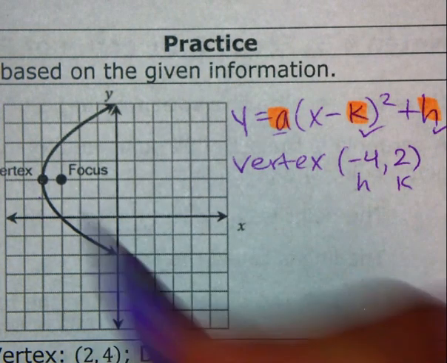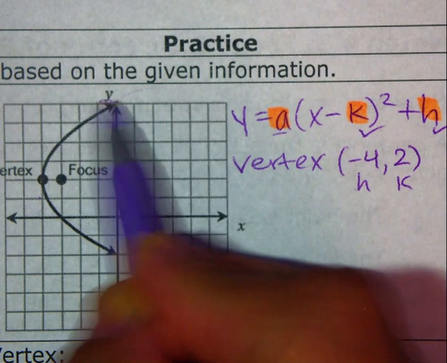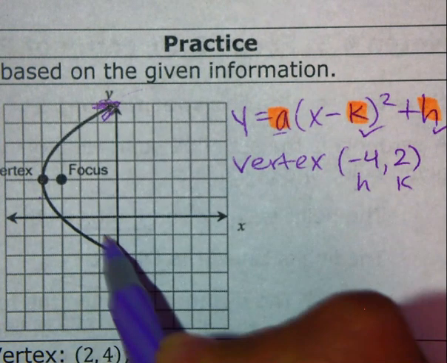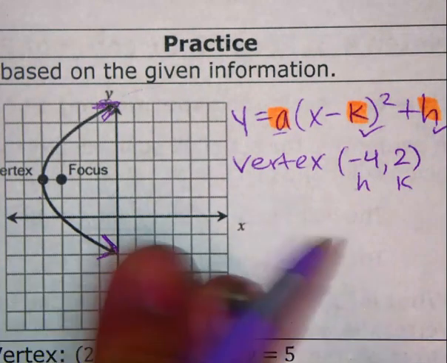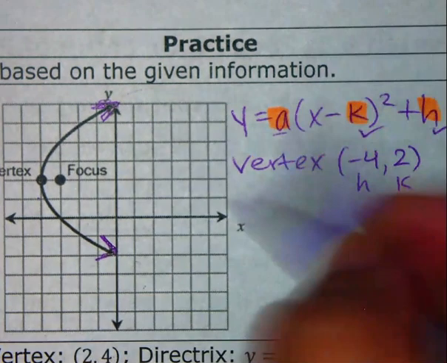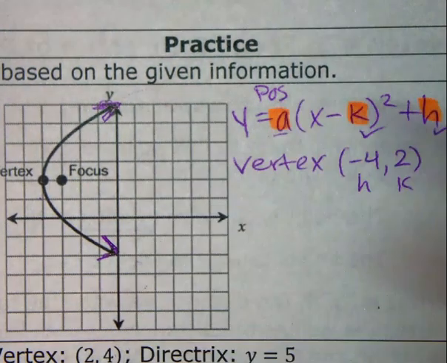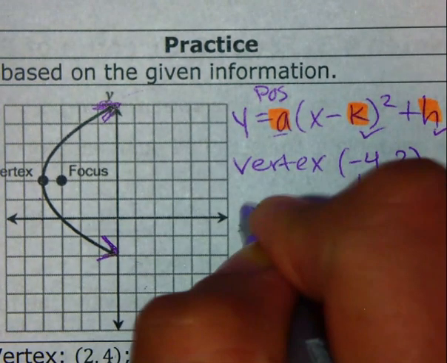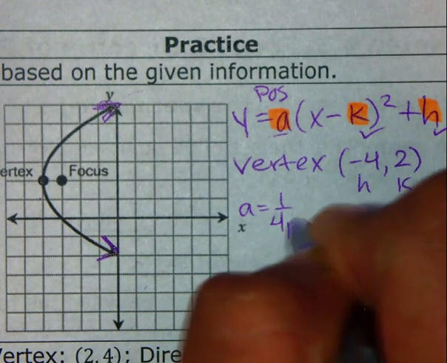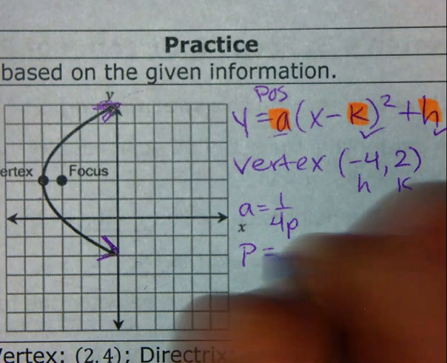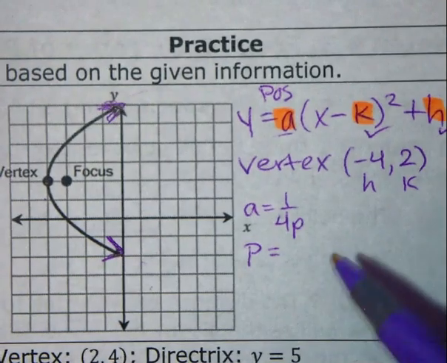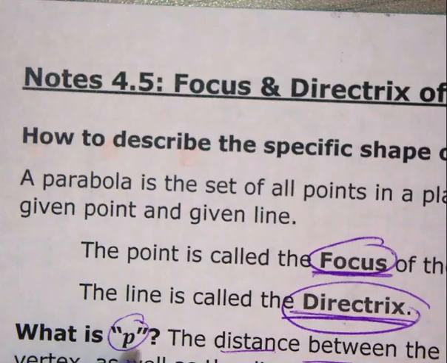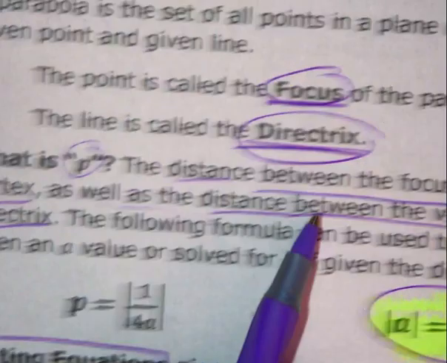Besides calculating a, we have to tell if it's positive or negative. Because this parabola is opening towards the right, the a value will be positive. The value will be 1 over 4 times p, and p is a value we have to calculate. According to our notes, p is the distance between the focus and the vertex, as well as the distance between the vertex and the directrix.